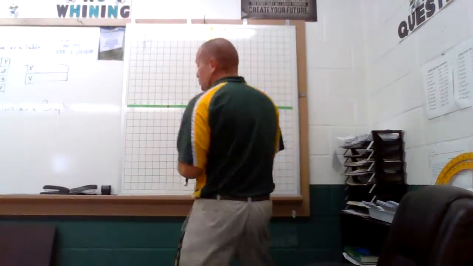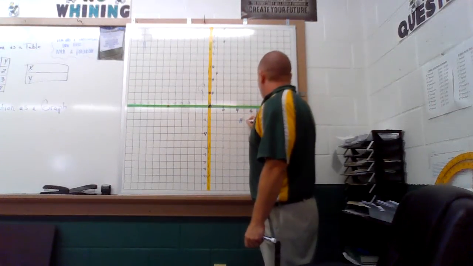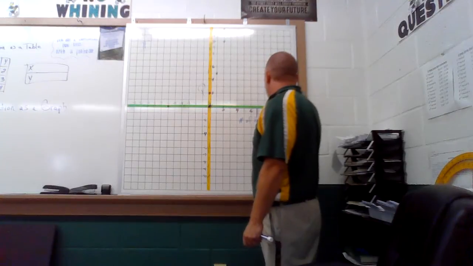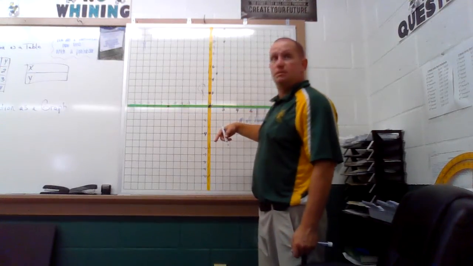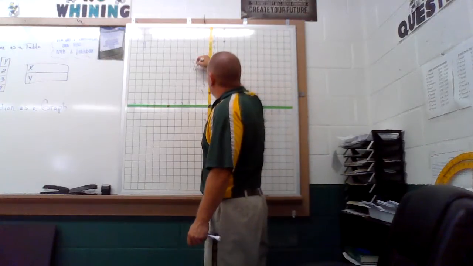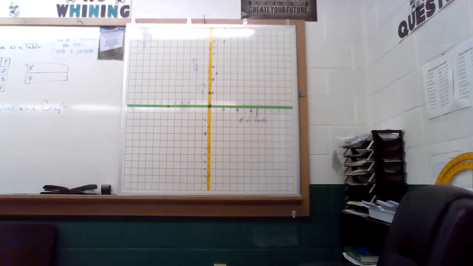Yeah, so when you do this on your piece of paper, I'd come over here and write number of hours. And then, what did my y mean? Money, right? Or how much I made or something. But go ahead and start labeling your axes so everybody knows what it is. Mr. Alish would come in and look at your paper. He would say, oh, okay, this is what it means, right?